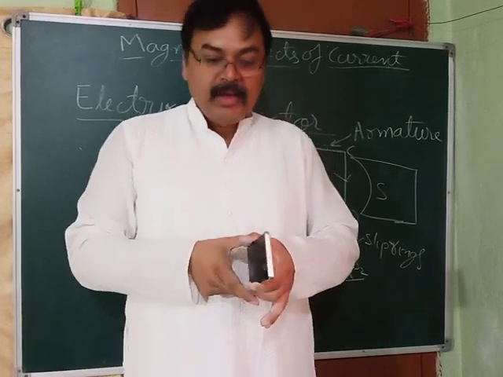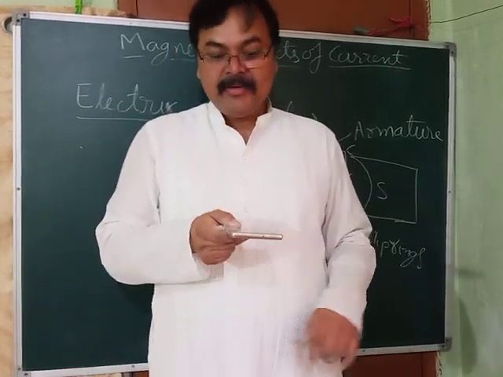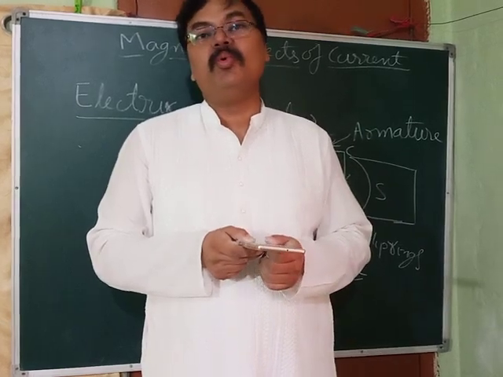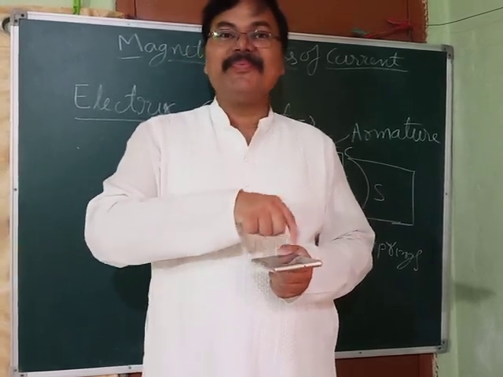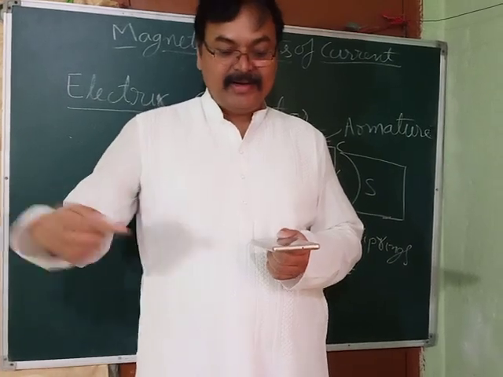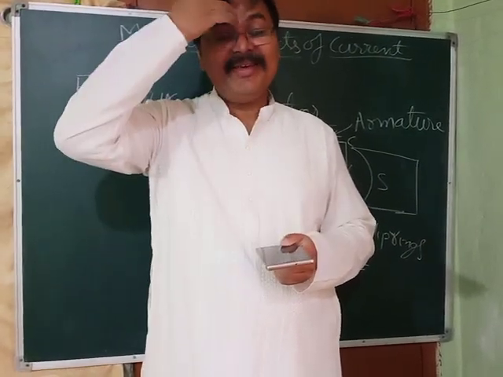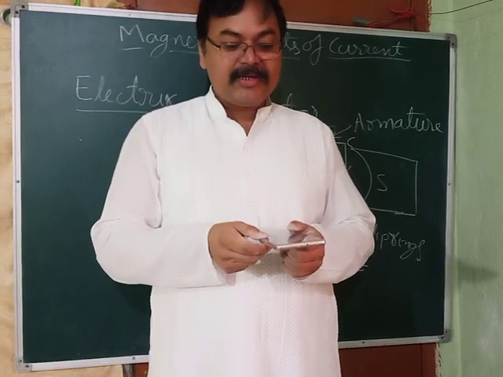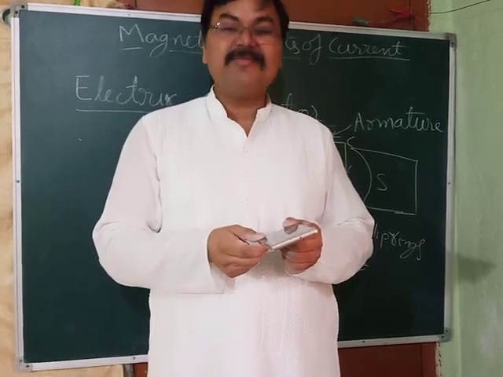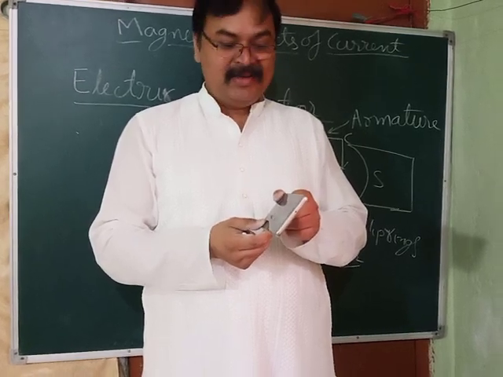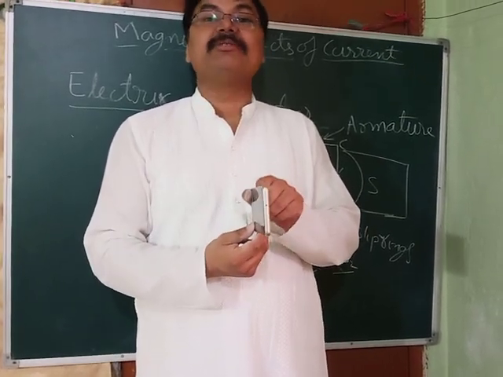Clear? Now, when it is like this, is there any flux passing through this? No. Because this is the coil, no? So how can it pass through this? The lines are going like this, so not crossing this surface. Now what will happen? As we start rotating, some lines will pass, even more lines will pass, even more lines will pass, and now maximum lines will pass.